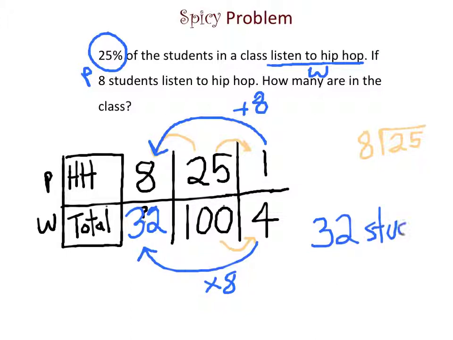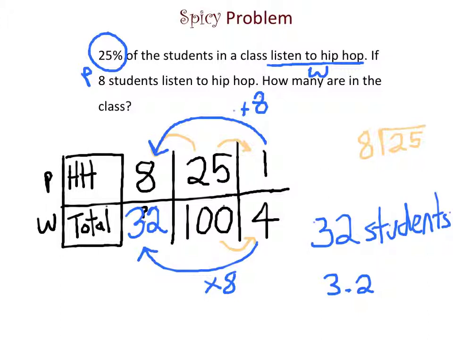And finally, because this was an extra spicy problem, let's just make sure that this answer makes sense. Does it make sense that there are 32 students and 8 of them like hip-hop? Yeah, that makes sense. What if we got a number like 3.2? Would that answer make sense?